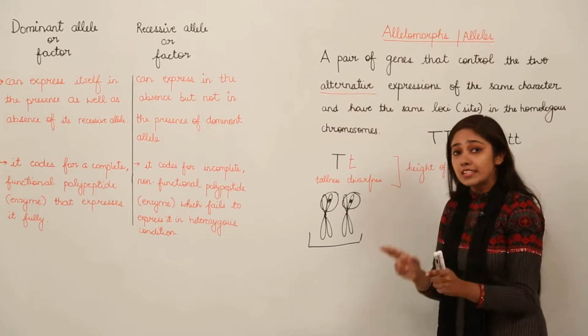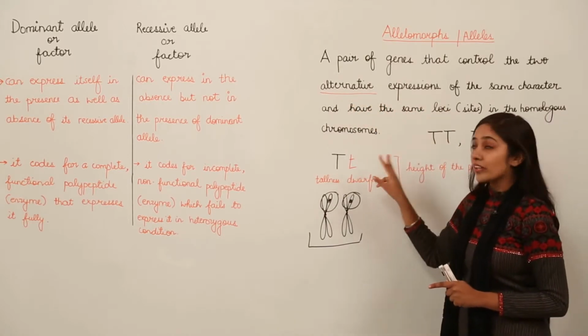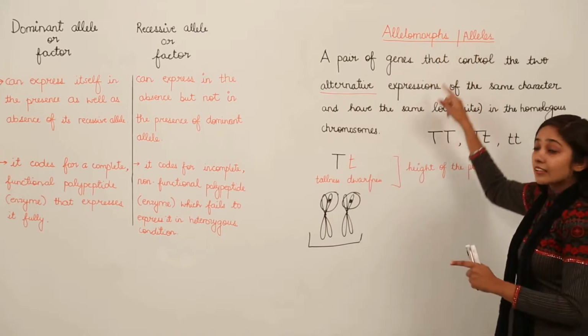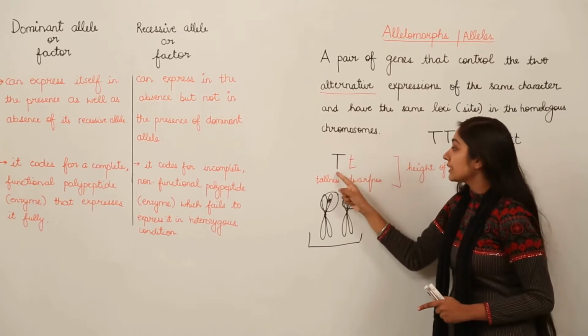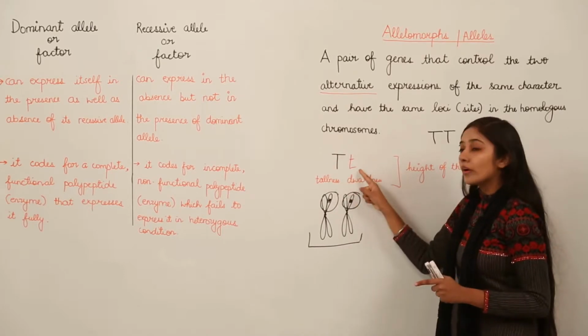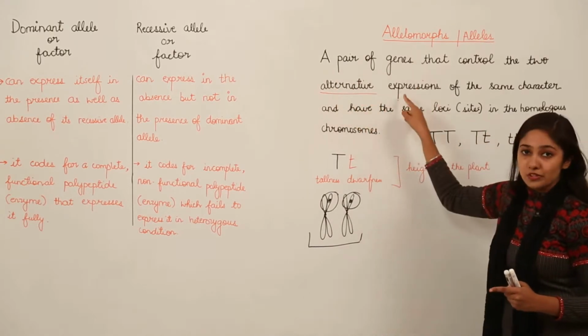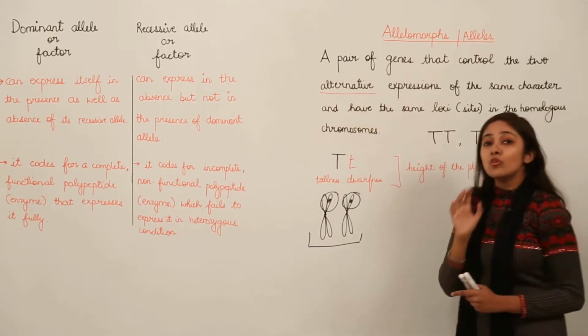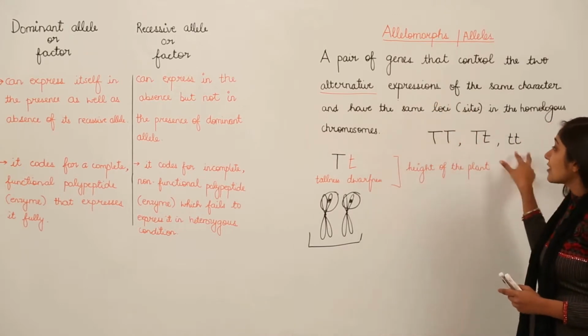Earlier it was considered that the alternative expressions, for example, if I am talking about allelomorphs or alleles according to this definition, they are going to be like this: an uppercase letter T and a lowercase letter t, which are encoding for what? For alternative expressions. But nowadays we don't use this word alternative expressions. Now we are calling all these pairs also as alleles.